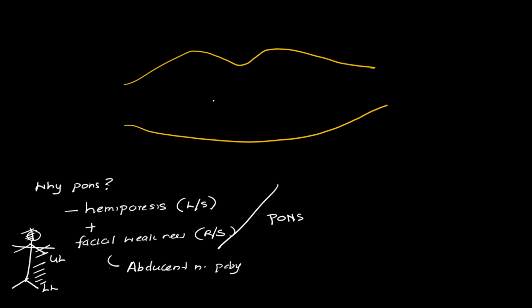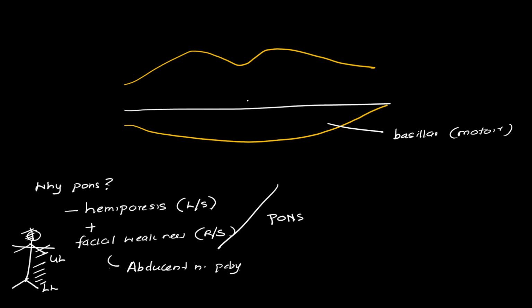Looking back, the basilar pons consists of motor fibers. Then there was the crossing over at the trapezoid body and the tegmentum.